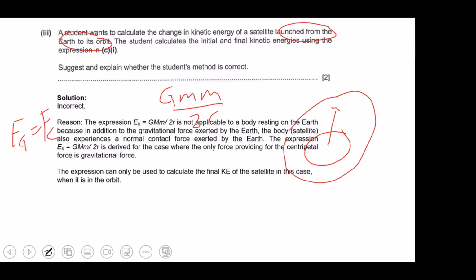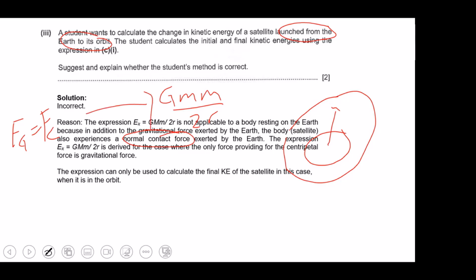So fundamentally, you get this KE formula because your gravitational force provides the centripetal force. But on top of that, now we have a normal contact force. Because of this, your derivation of this formula does not hold.